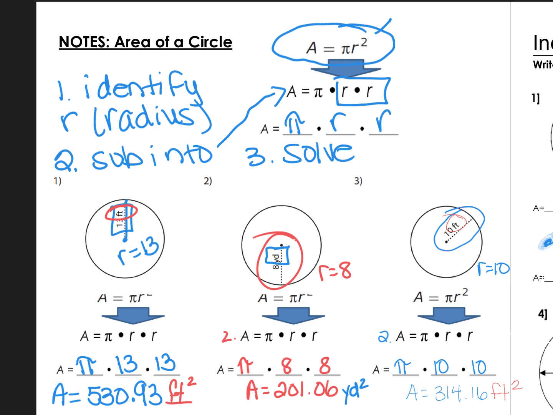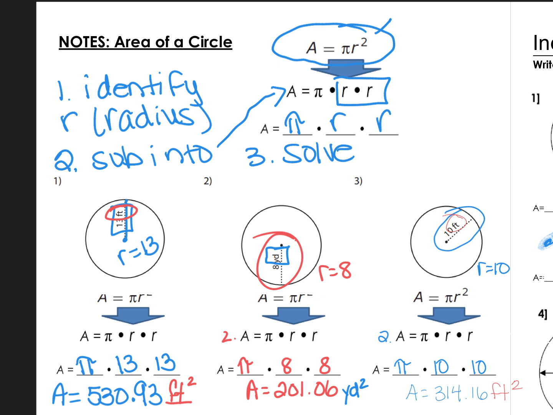In these previous examples, we were given the radius. What happens if we are given the diameter and we're asked to find the area of a circle? Hopefully you'll recall that the diameter is the full distance across the circle that runs through the center from one end to the other. With radius, we only needed half of that.